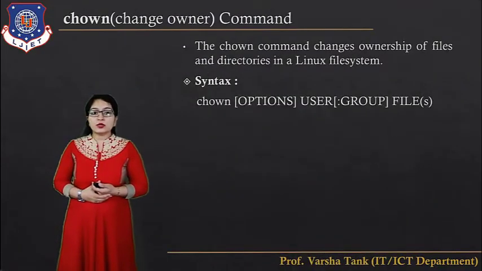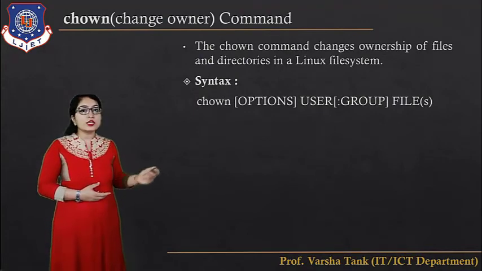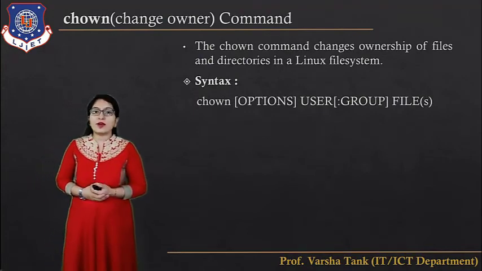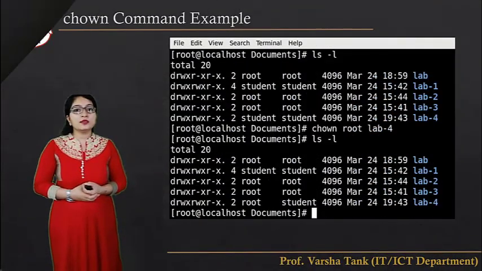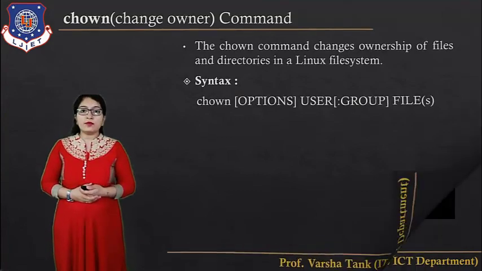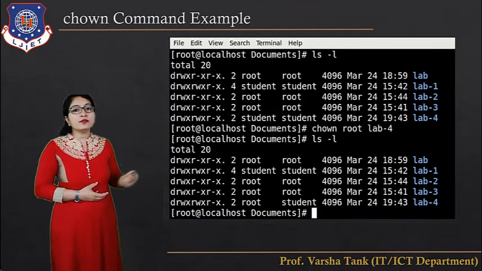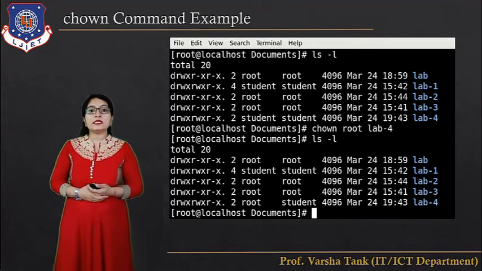Next is the chown command, which means change owner. The change owner command changes the ownership of files and directories in the Linux file system. This is the syntax: chown, options, user, group, and file. First you list all the files with ls -l, which gives the detail.